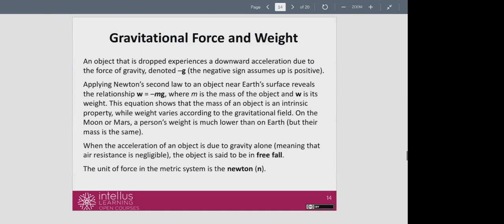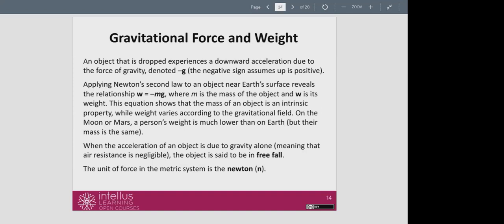All right. So now in these last remaining slides, we want to take a look at some specific types of forces. The first force we're going to explore on a simplistic level is gravitational force, or weight.